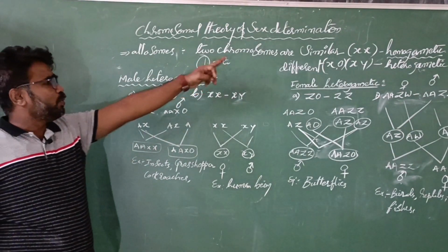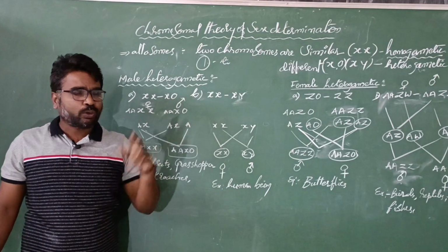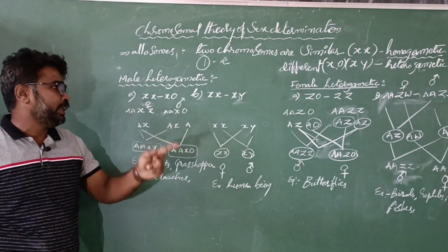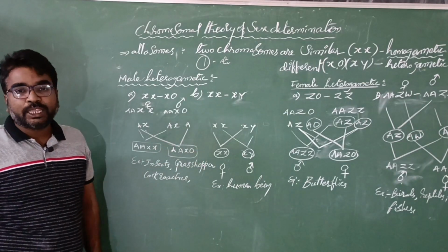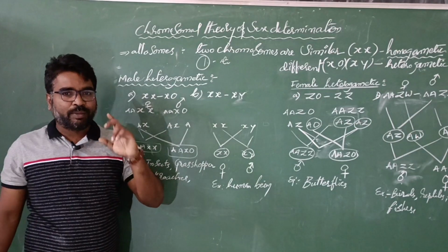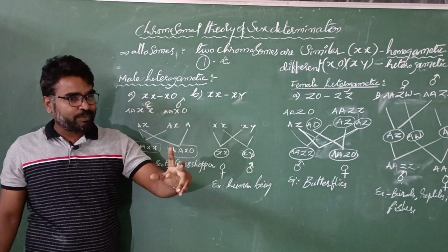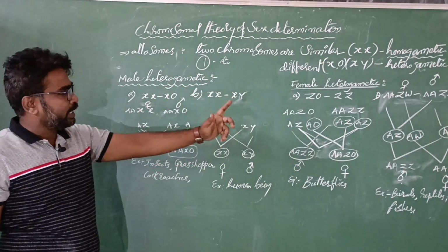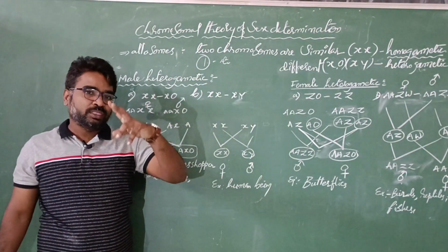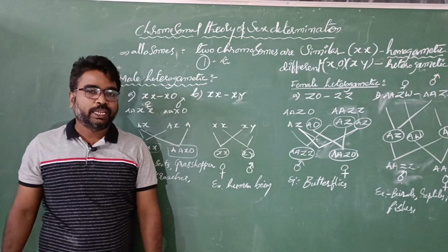If the two chromosomes are dissimilar, different, we call it heterogametic. Two chromosomes are same, we call it homogametic. The two chromosomes differ, we call it heterogametic.